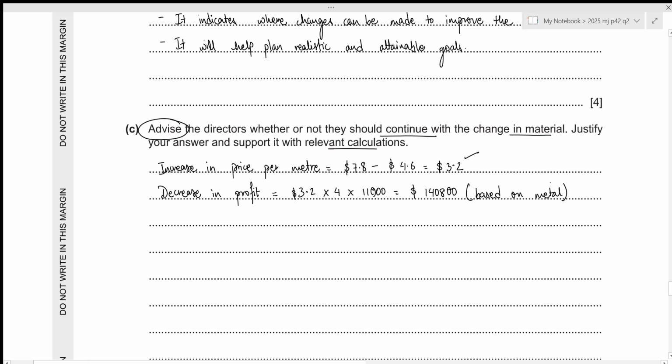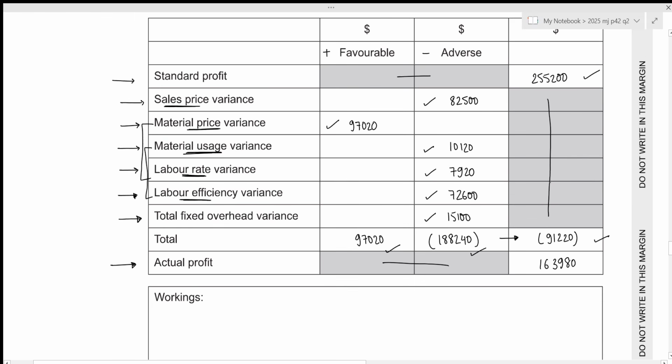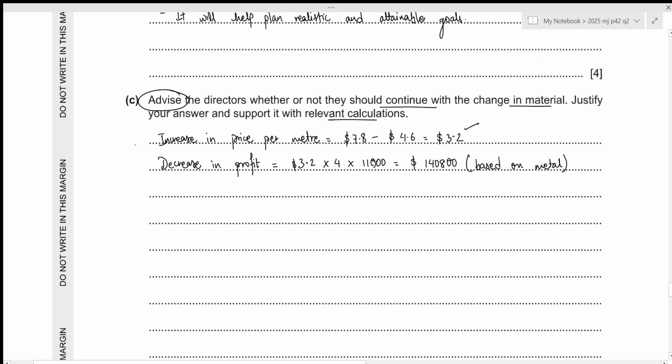Now let us compare it to the actual reduction in profit. So the new actual profit is 163,980. Our previous standard profit or the budgeted profit was 255,200, which means that the actual reduction in profit was by 91,220. Let's write it down as well. So the actual reduction or decrease in profit is by 91,220.